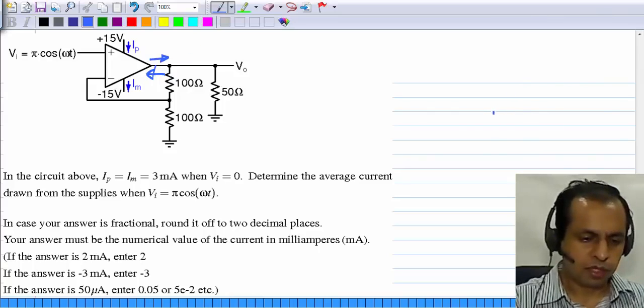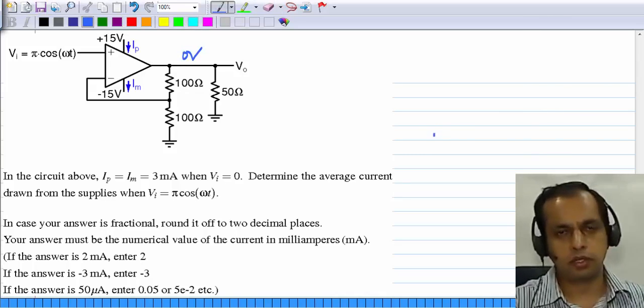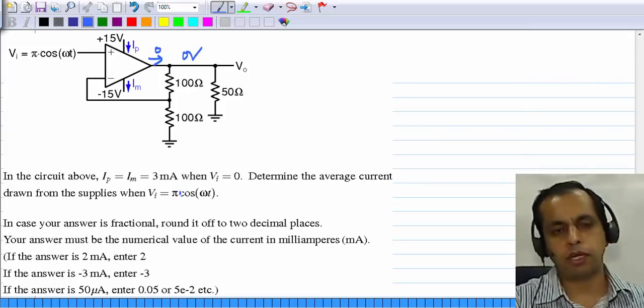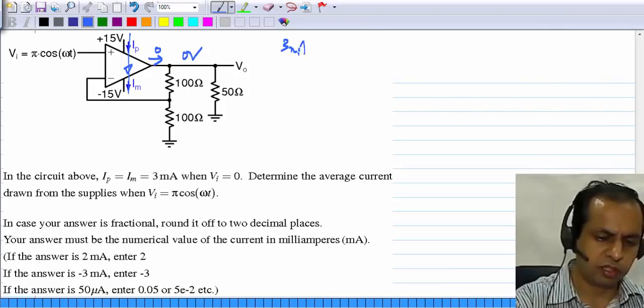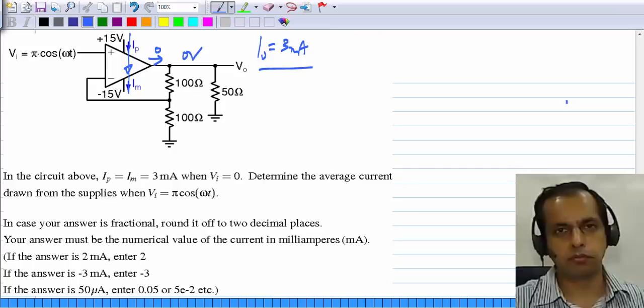So when Vi equals 0, the output voltage is 0. So no current is flowing this way. This is 0. But you are told that Ip and Im are 3 milliamperes. So the fixed current of 3 milliamperes flows through the op amp. So that, let me call that I0.